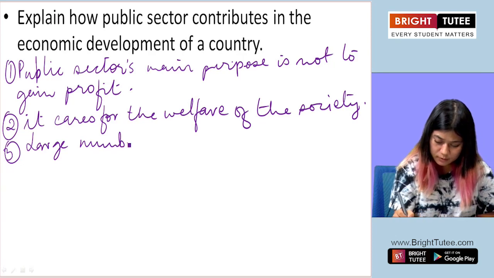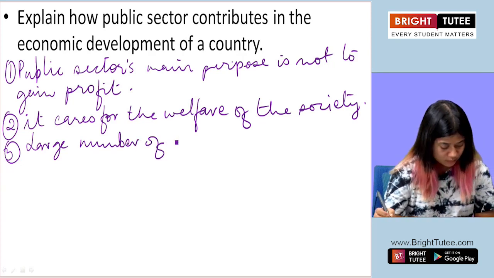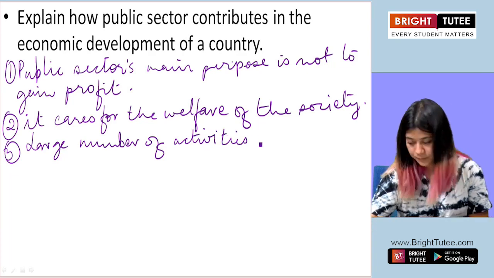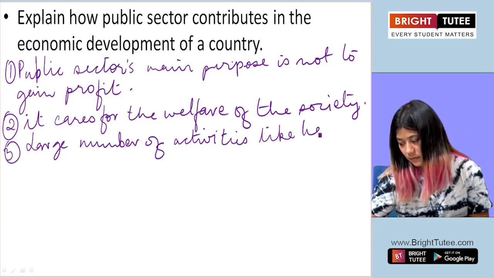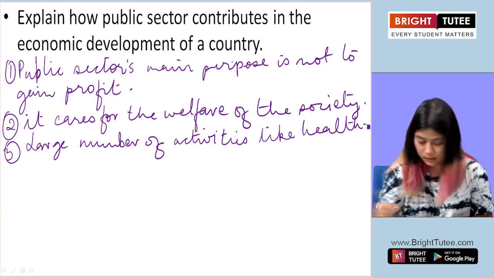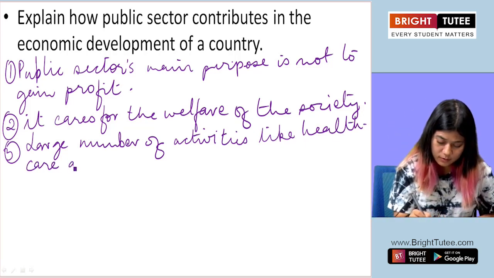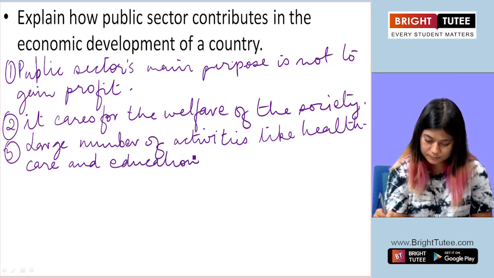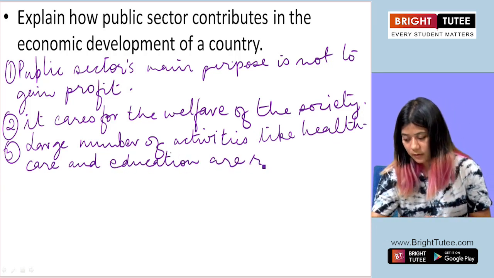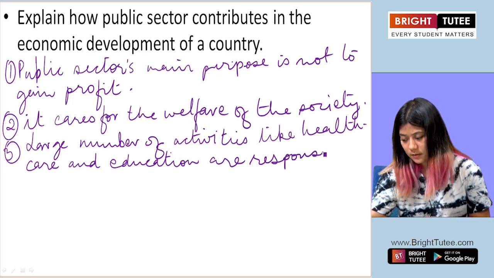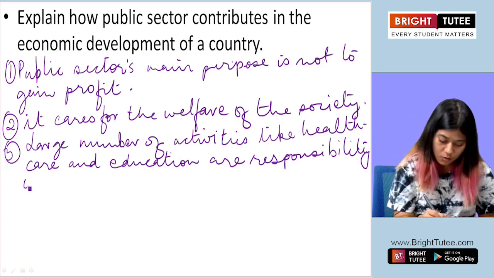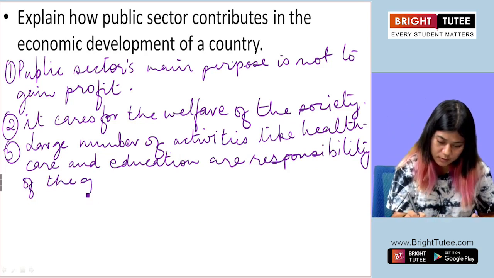Large number of activities like health care and education are responsibility of the government.